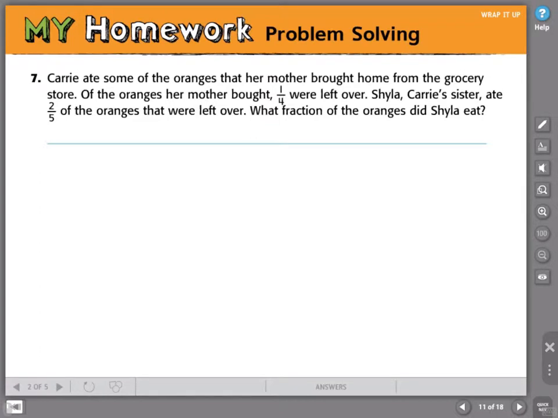Let's try another word problem. Carrie ate some of the oranges that her mother brought home from the grocery store. Of the oranges her mother brought, 1/4 were left over. Shyla, Carrie's sister, ate 2/5 of the oranges that were left over. What fraction of the oranges did Shyla eat? Well, I know there were 1/4 of the oranges left over, and Shyla ate 2/5 of those leftover oranges.